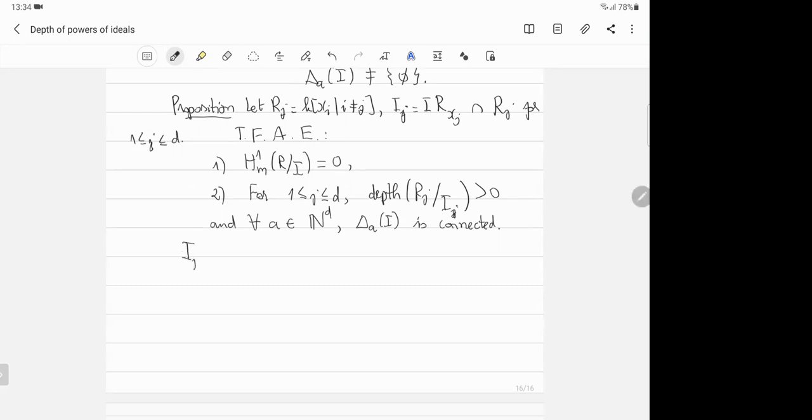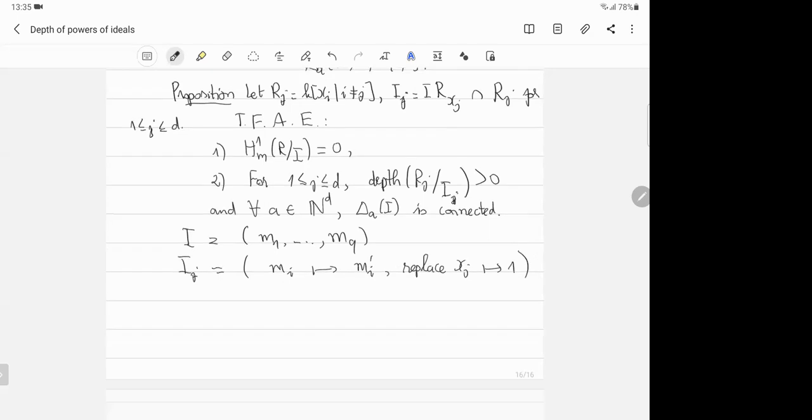As I said, I_j is the ideal you get by, assuming that I is generated by the generators m_1 up to m_q, for example, mapping each m_i to m_i prime, where the rule is to replace x_j by 1 if some power of x_j is there in m_i.